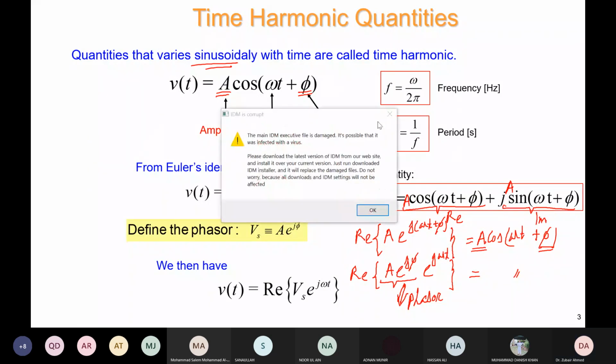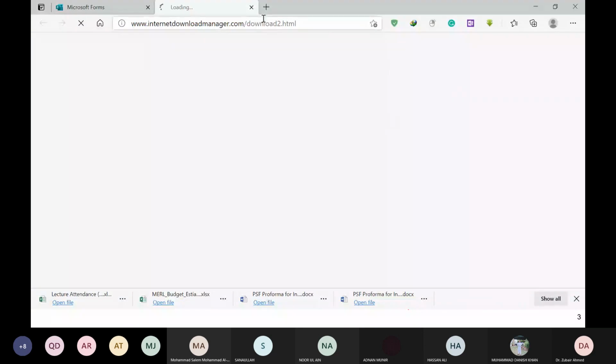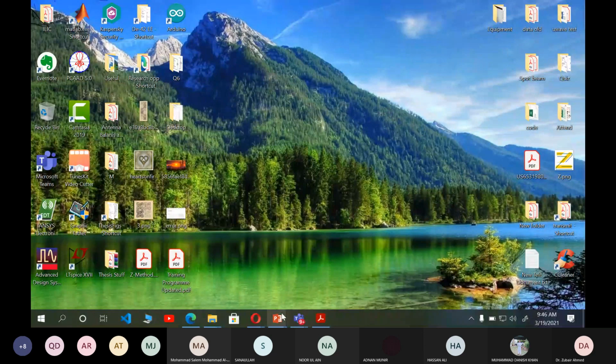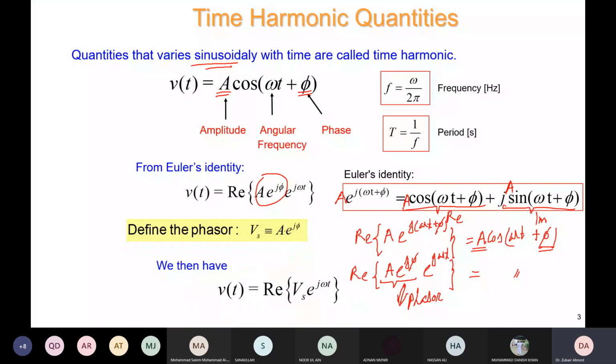So this A exponential of j phi is by definition the phasor Vs. We can also write that when this phasor is multiplied by exponential of j omega t and we take the real part, we get the time domain signal back.